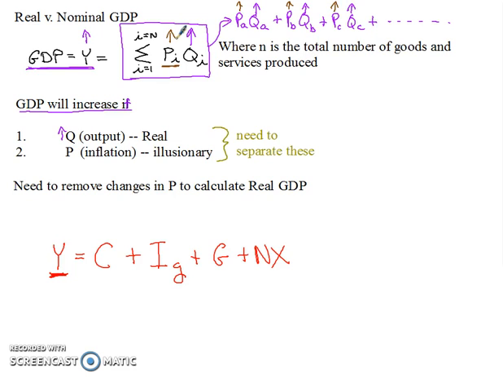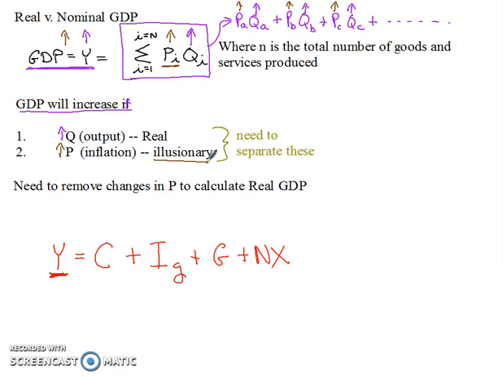The price of stuff goes up. That will also increase the gross domestic product, and that increase in prices is what we call illusionary. It's an illusion. It makes it look like we produced more stuff, but we really didn't. It's just that the prices of everything are higher than they were before.